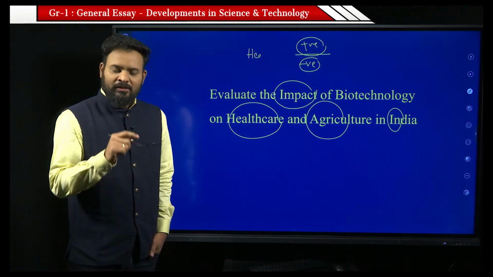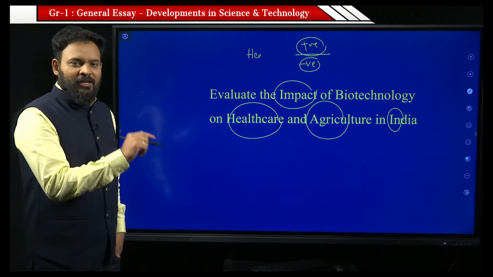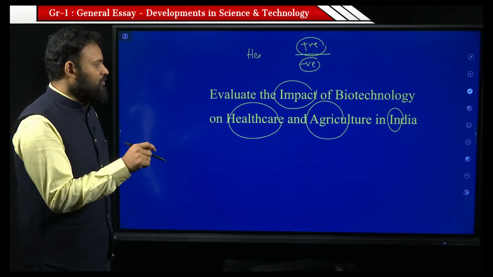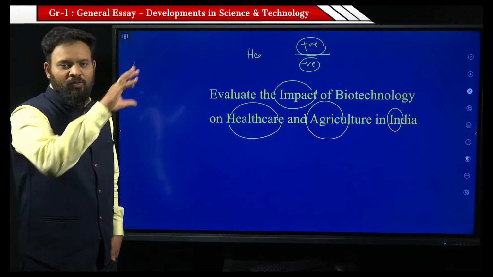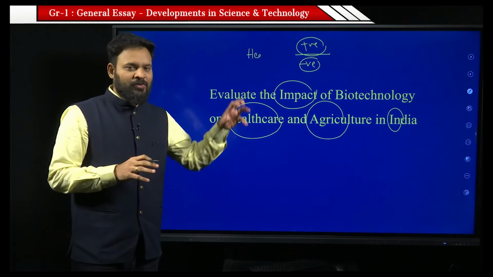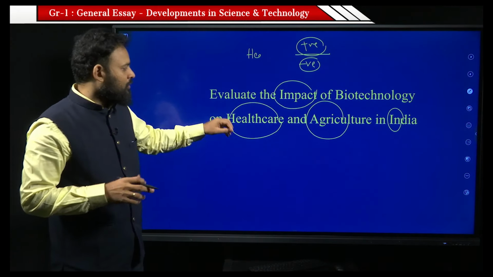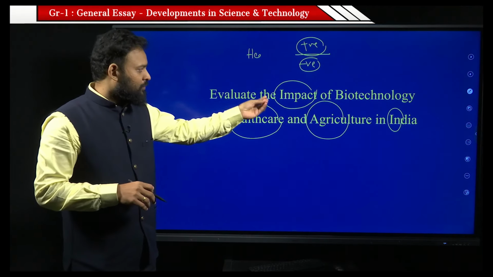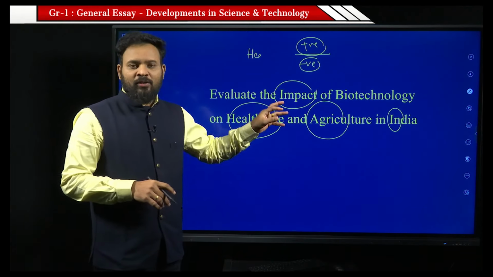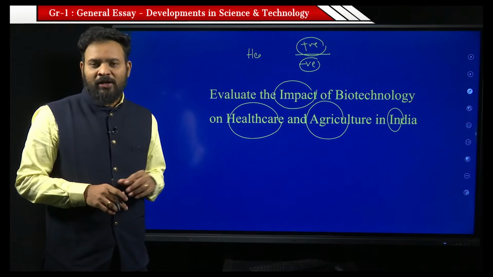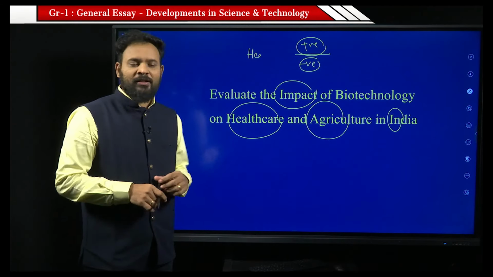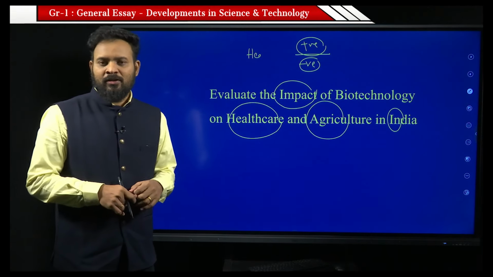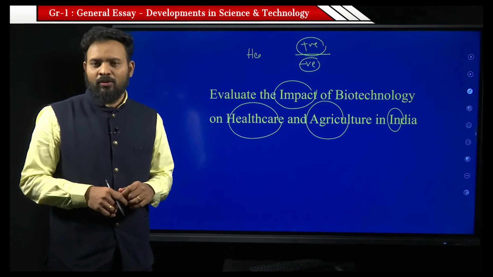The third aspect is the negative impact of biotechnology on healthcare and agriculture. So overall three aspects. This is how you can divide the overall essay.